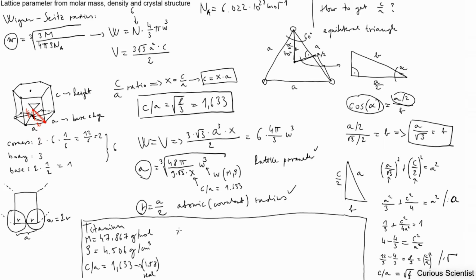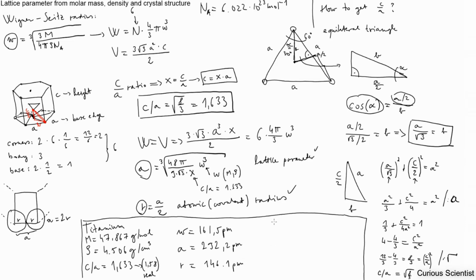So first we calculate the Wigner-Seitz radius, and then I got 161.5 picometers, and from that we can get the lattice parameter, and that is 292.2 picometers, and then from this we just basically divide it by 2, we can get the atomic radius, and that is 146.1 picometers.